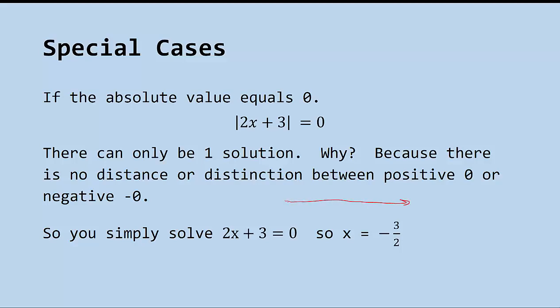In other words, what we're saying is here's 0, it's one number. We don't have a negative and a positive of that number because the distance from 0 is nothing. So we simply set 2x plus 3 equal to 0, and in this case we would get x is equal to negative 3/2.